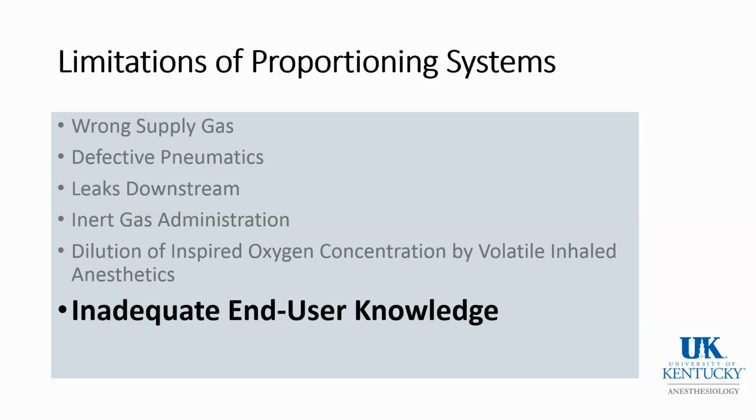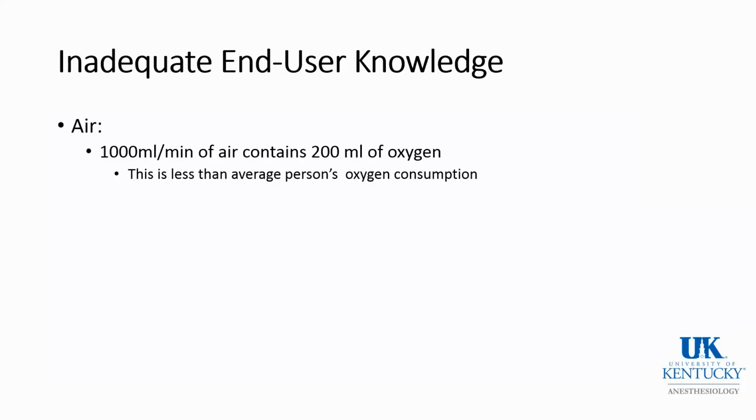Most importantly, though, I feel that inadequate end-user knowledge is a limitation of proportioning systems. Specifically, air is 20% oxygen. Therefore, 1,000 mL of air has less oxygen than the average person's oxygen consumption.